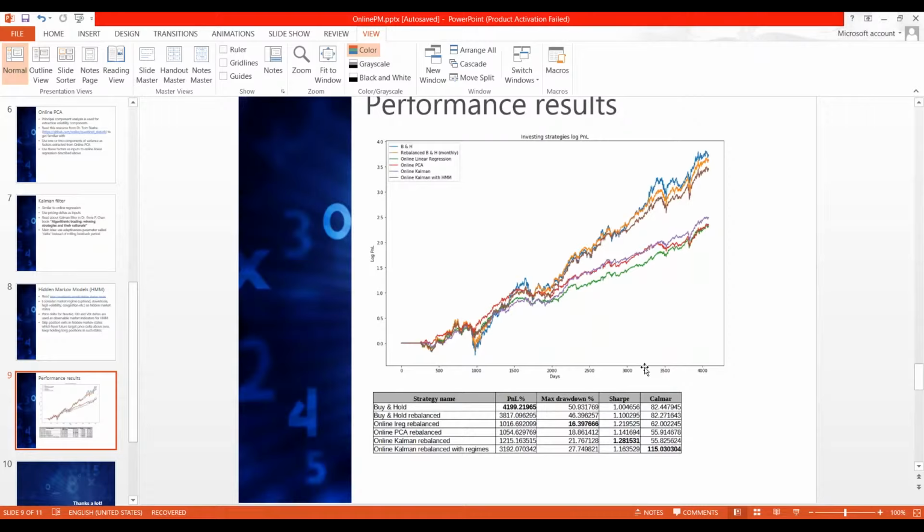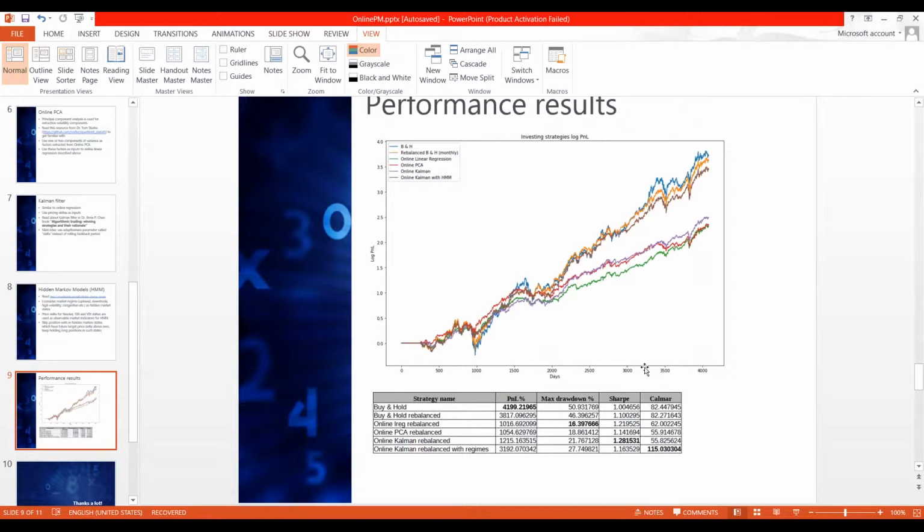I'll also ping that question in the chat for you. Nikhilesh asks, what are the hidden states under this statistical model in your project for which we are using the hidden Markov model? Yes, I see.